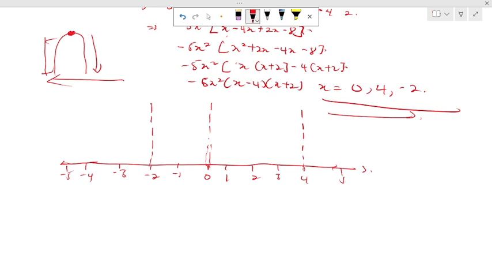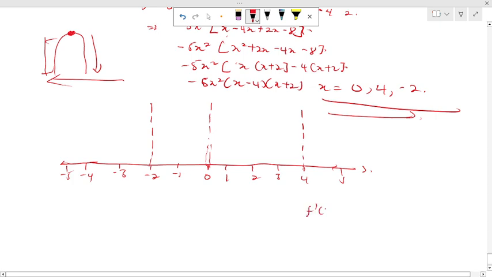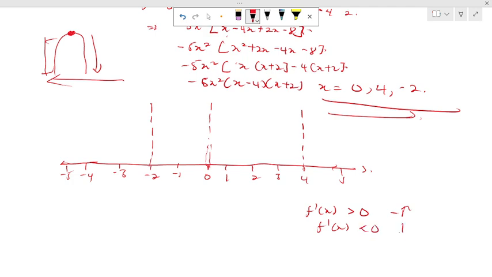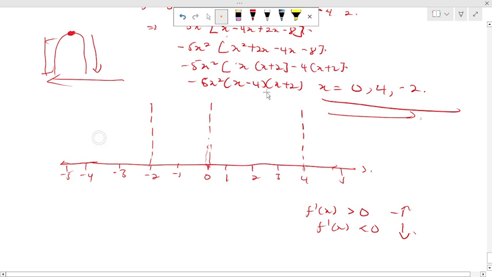So this is what you're going to do. To test for increasing and decreasing, I said our gradient function f prime of x should be greater than 0 for it to increase. Then our gradient function f prime of x should be less than 0 for it to decrease. So here we are going to test for f prime of x. The x is a random number, so you select any number here.